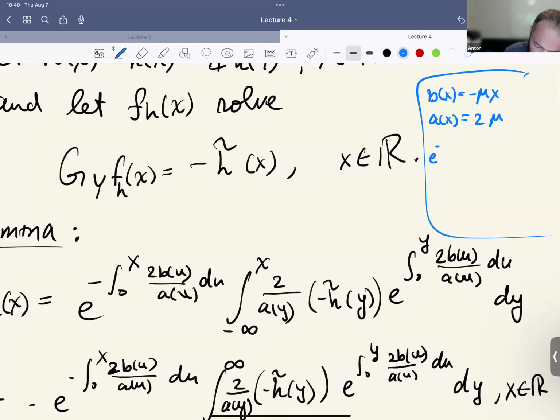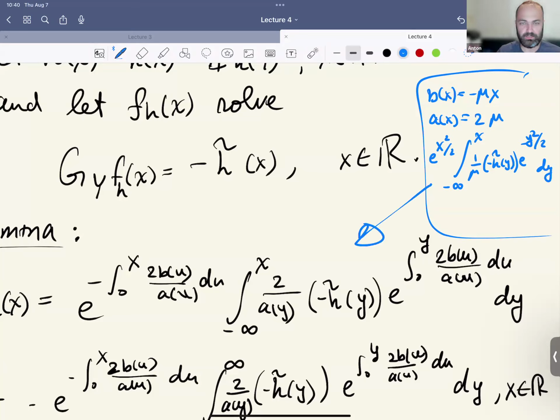It'll be e to the x squared over 2, integral from negative infinity to x, 1 over mu, negative h tilde of y, e to the negative y squared over 2 dy. And this, what I've written down, corresponds to the first expression.